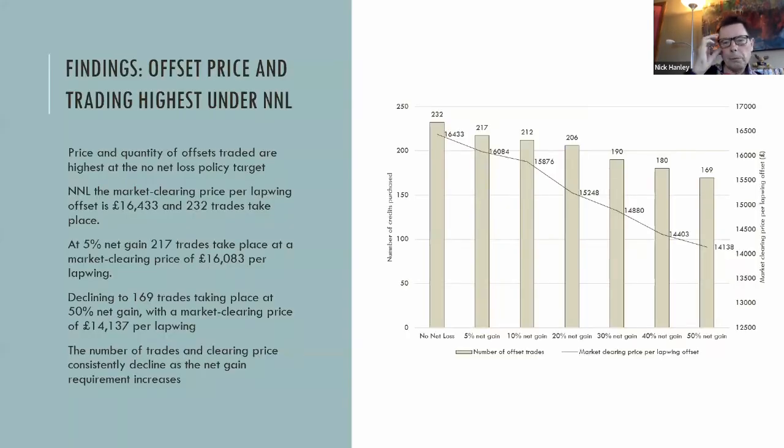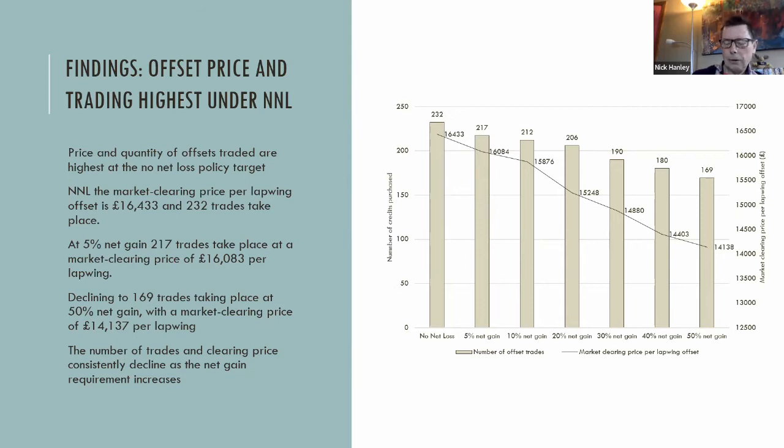And so what we found empirically, and this was kind of surprising but interesting, is that the market clearing price, and here we're using a species as the metric, a bird called a lapwing, the market clearing price and the number of credits bought and sold was actually greatest under a no net loss target, and lowest under the highest net gain target. So that was kind of interesting.